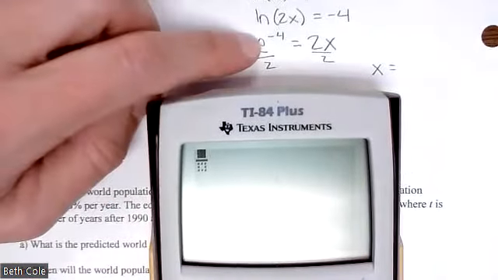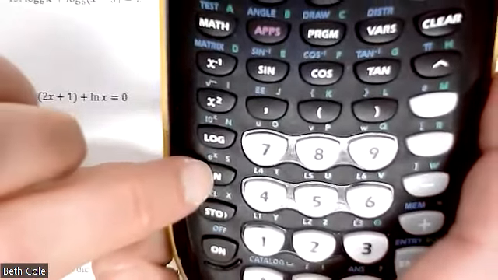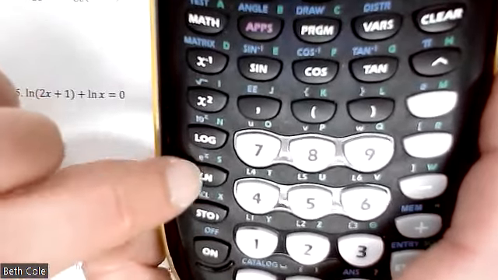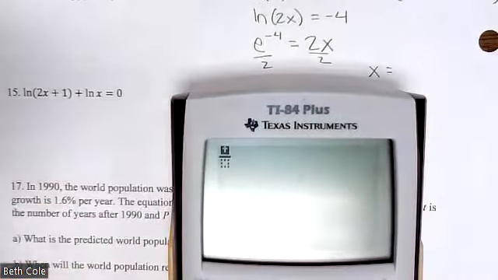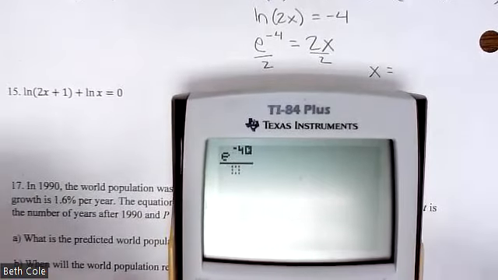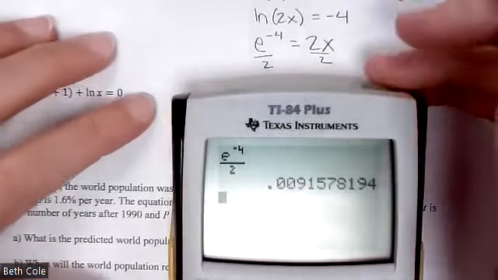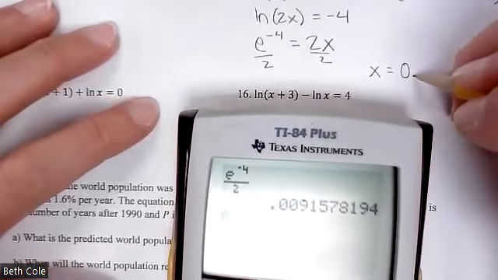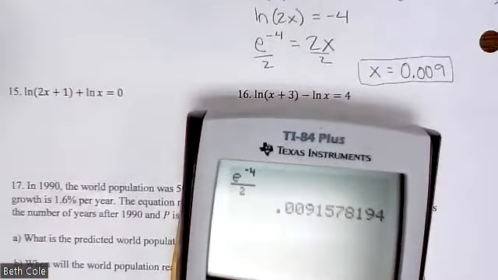You're going to do e to the negative 4. It's second ln. Do you see how for the ln button it has e right above it? We did this when we did the PERT formula. So second ln, negative 4, and then divided by 2. Going to be a really teeny little decimal because of that negative. I got 0.009.